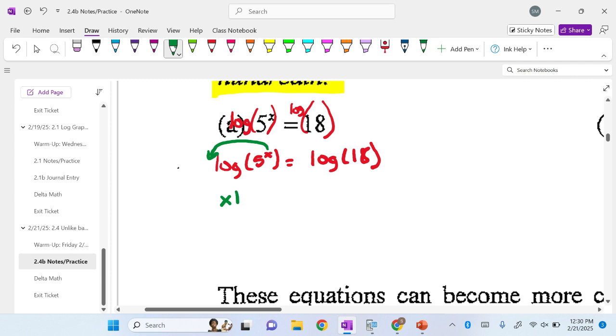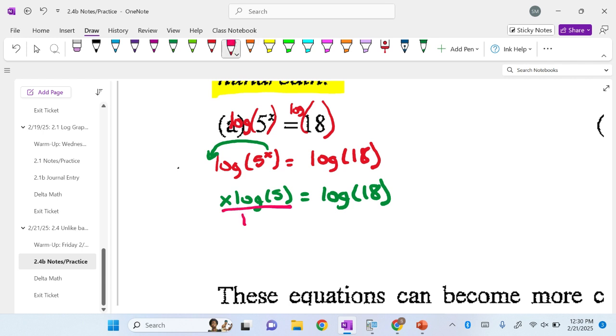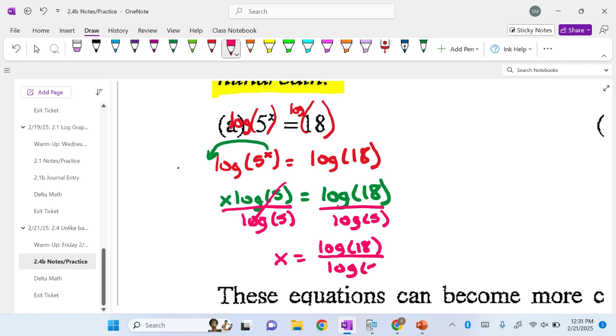So this is now x log of 5 is equal to log of 18. Now what do I do? What's my last step here? Divide by log of 5. So we're going to divide both sides by log of 5 to get that x by itself. Log of 5 goes away. x equals log of 18 all over log of 5.